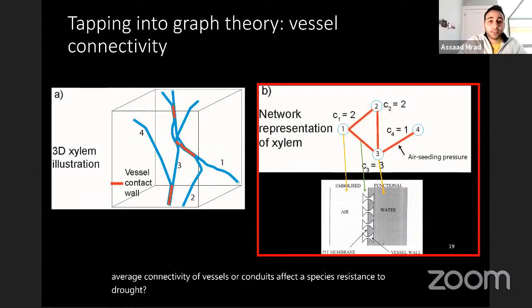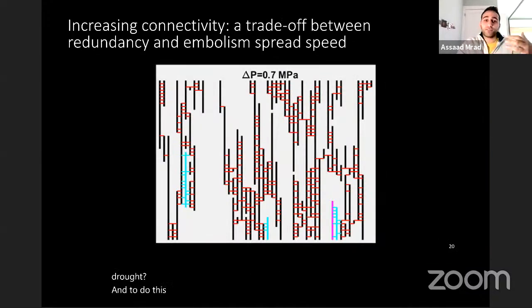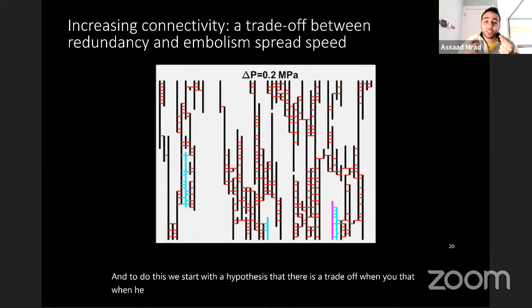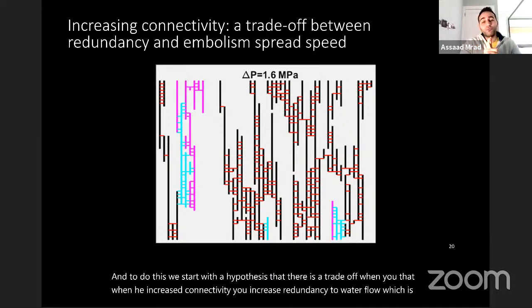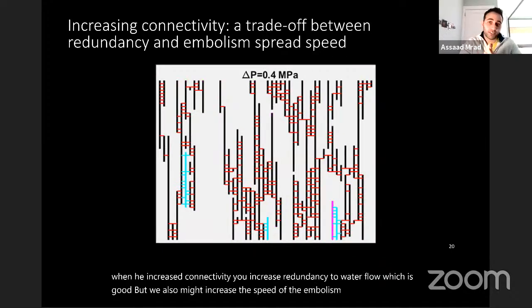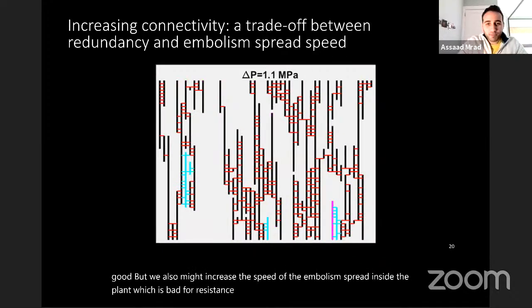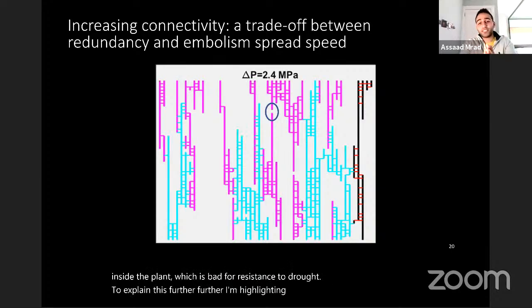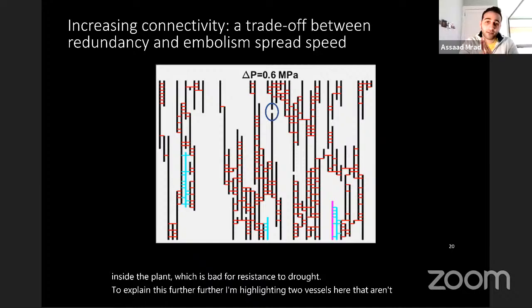And to do this, we start with a hypothesis that there's a trade-off when you increase connectivity. You increase redundancy to water flow, which is good, but we also might increase the speed of the embolism spread inside the plant, which is bad for resistance to drought. To explain this further, I'm highlighting 2 vessels here that aren't connected in the current state.